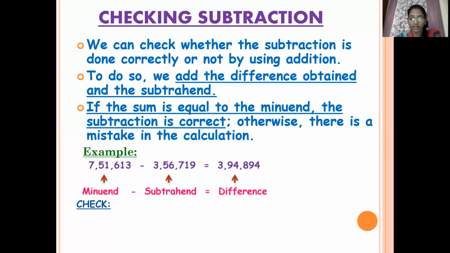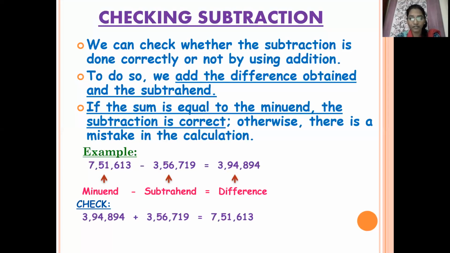Now to check, as we just discussed in the previous part, how to check the subtraction, you can follow the points given above. That is, you will add the difference and the subtrahend to get the minuend. If you get the minuend, then your subtraction is correct.